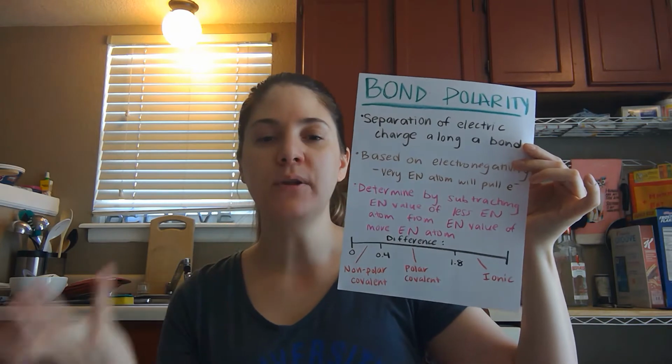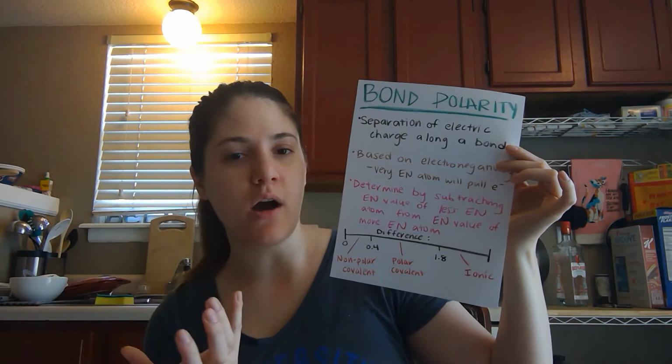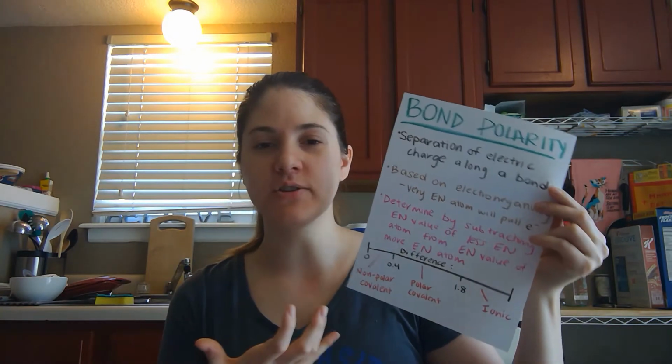Bond polarity is the separation of electric charge along a bond. It's also referred to as a dipole moment. As two atoms are bonded together, if one of those atoms is more electronegative than the other, it's going to pull the electrons in that bond closer to it. So there'll be more electrons on one side than on the other.